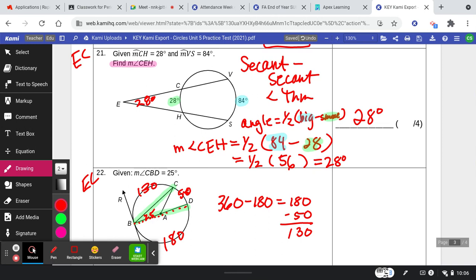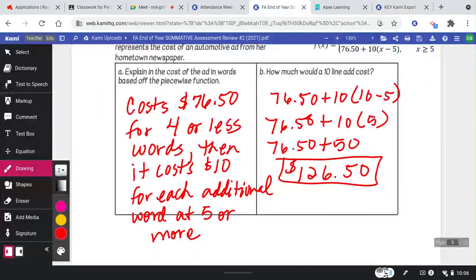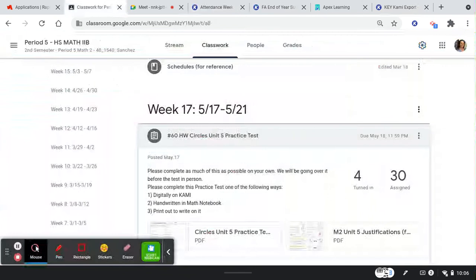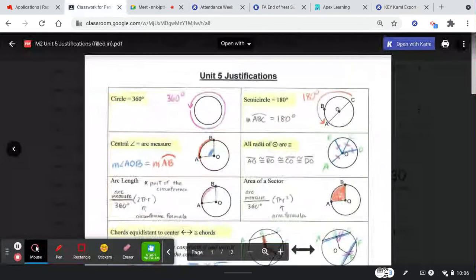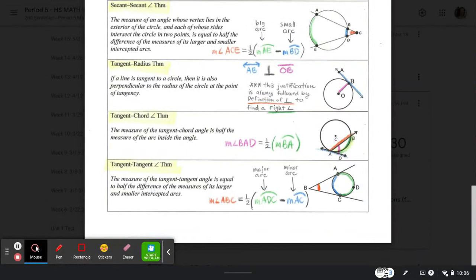Now, what's the extra credit rule? If I go back to my little cheat sheet chart, and I scroll down and look for one that looks kind of like an L. It's this guy right here, tangent chord angle theorem. And it's just like an inscribed angle.